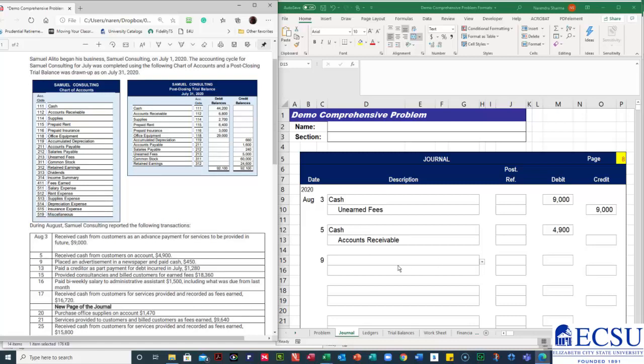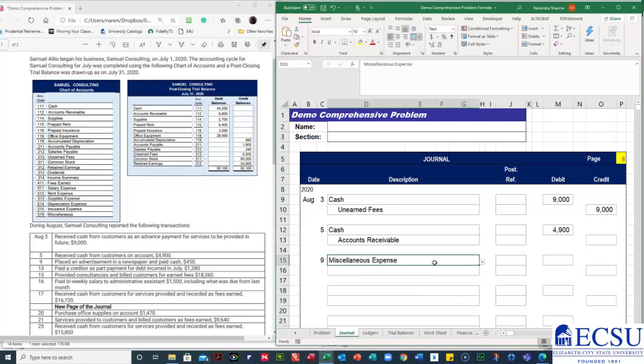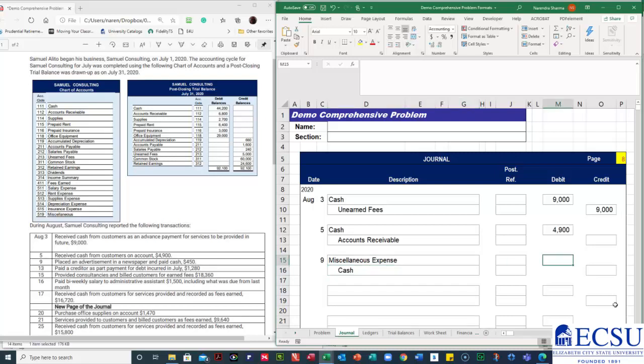Remember that if you don't see a particular expense account in the chart of account, I'm going to club that together with the miscellaneous expense account. And I'm paying cash, so crediting cash. The amount that I paid was 450 and 450. Now, somewhere here, I may want to just make a note that it is for advertisement. Okay, right. So that's August 9.